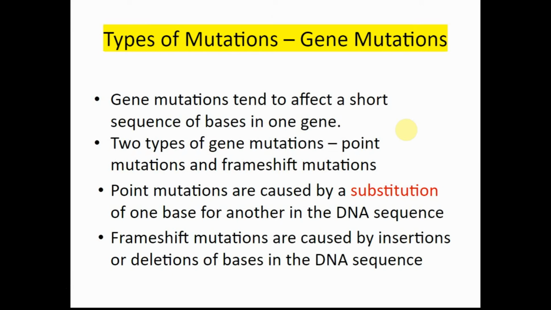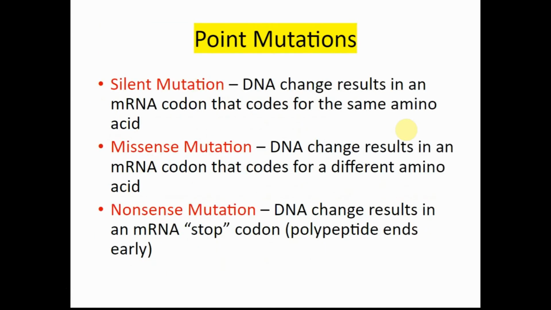Point mutations happen when you exchange one base for another, which is called a substitution. An example of that is the sickle cell mutation that we just looked at. Frameshift mutations are not when you substitute a base. Frameshift mutations happen when you either add in extra bases or remove bases from the sequence.